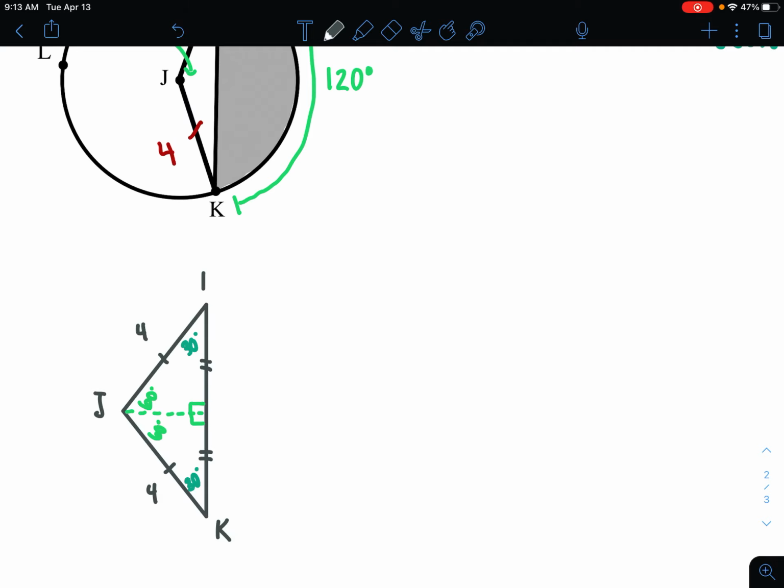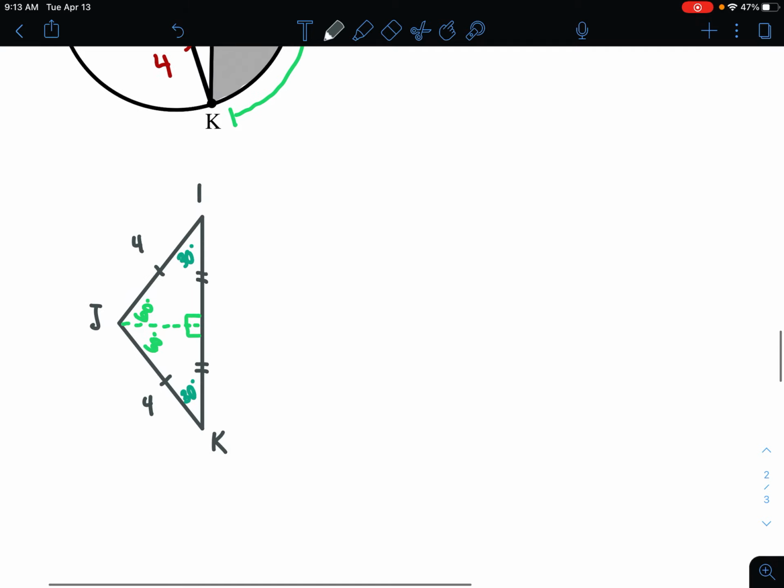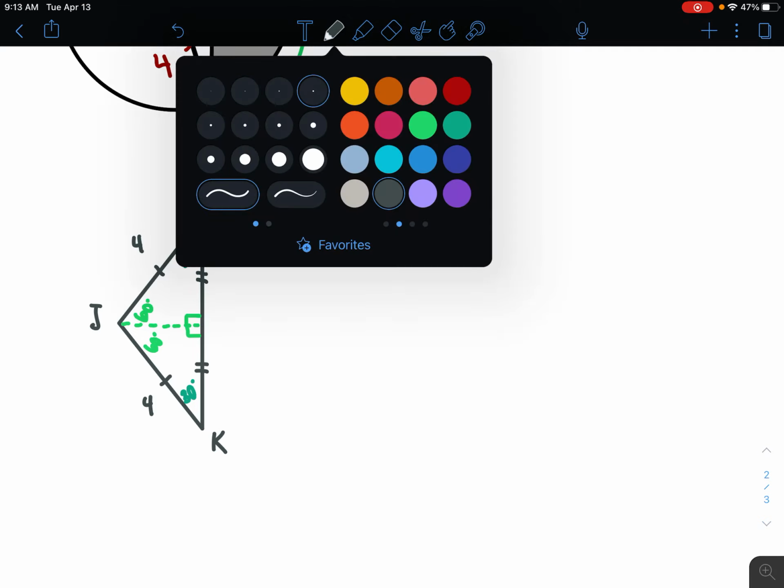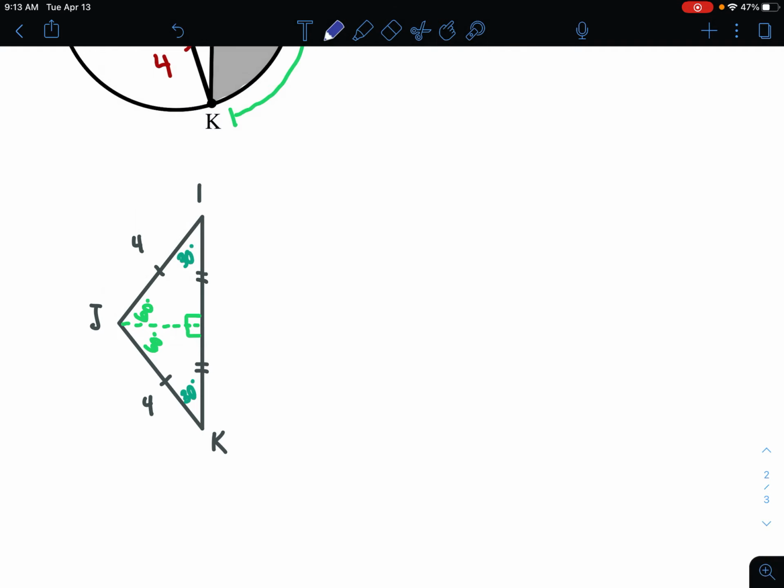So go ahead, take a moment, compare it to your 30, 60, 90 triangles. 4 is across from your 90-degree angle, so that's technically equal to 2x, meaning that x, the side across from your 30-degree angle, will be 2, and the side across from your 60-degree angle will be 2 root 3.